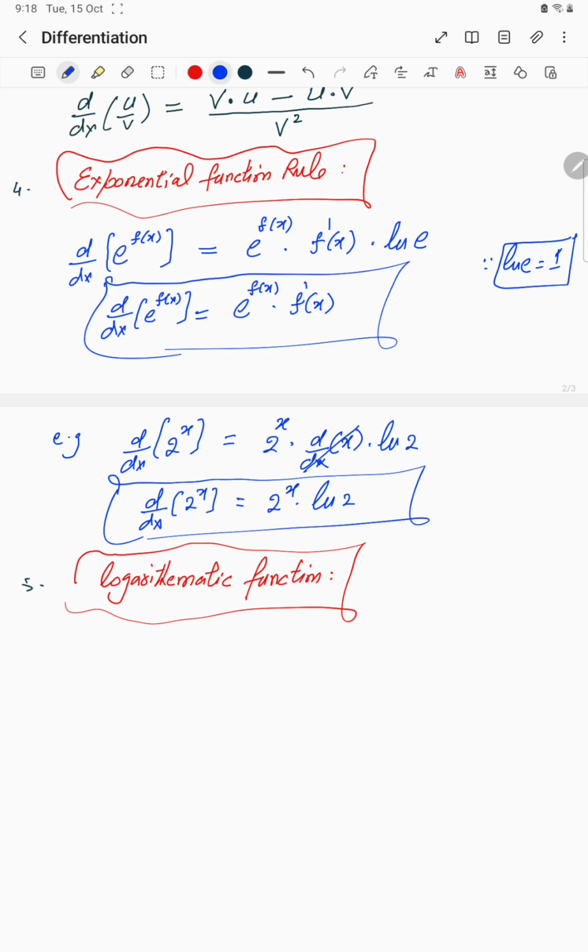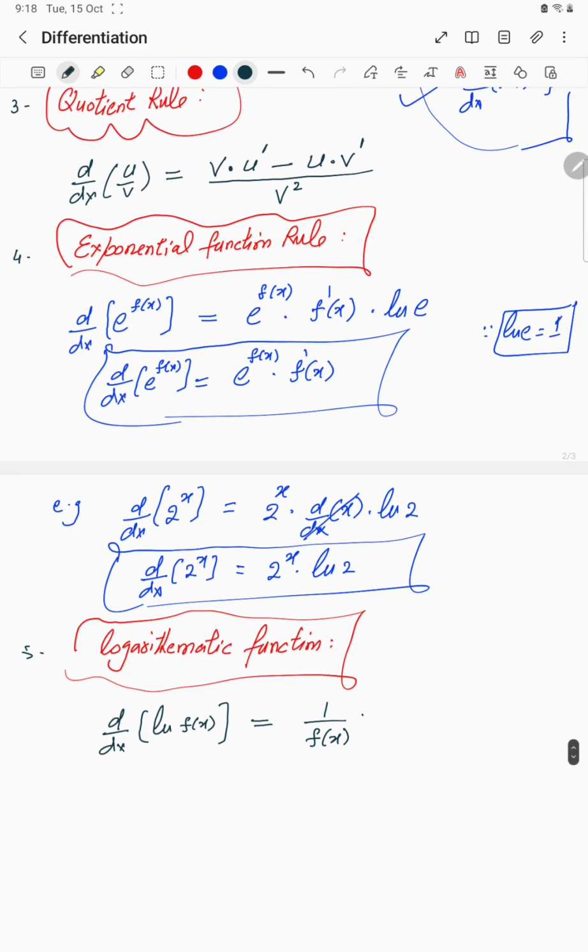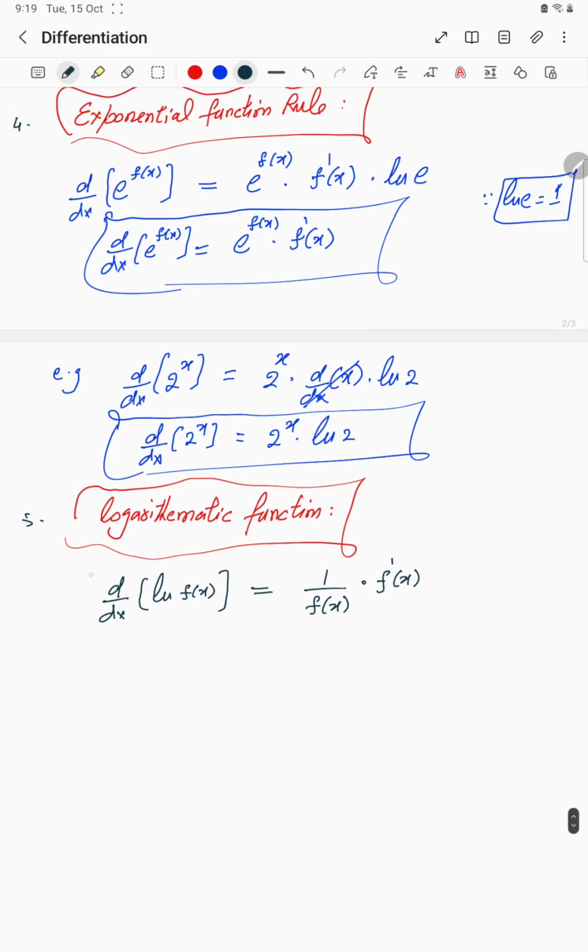Here I'm going to write d by dx of natural log of f of x. If you have natural log of f of x, you need to differentiate it with respect to x. So simple is this. You need to write 1 over the function, whatever is along with the log. We have the log of the function f of x, so 1 over f of x times the differentiation of f of x. This is the rule.